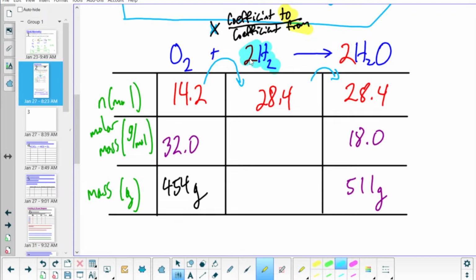I also heard 4. So we have to get a cage and put people in it and fight it out. Hands up if you think it's 2 grams per mole. Hands up if you think it's 4 grams per mole. That's pretty much a tie. I think we should just say it's either one and we move on from there and then you can just pick.